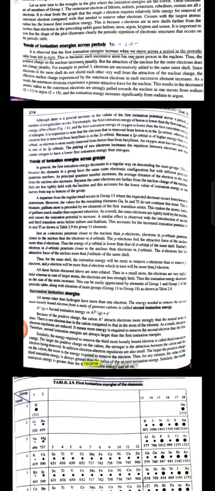A departure from the regular trend occurs in group 13, where the expected decrease occurs from boron to aluminium. However, the values of the remaining elements gallium, indium and thallium do not continue this trend. This is because the gallium atom is preceded by 10 elements of the first transition series.